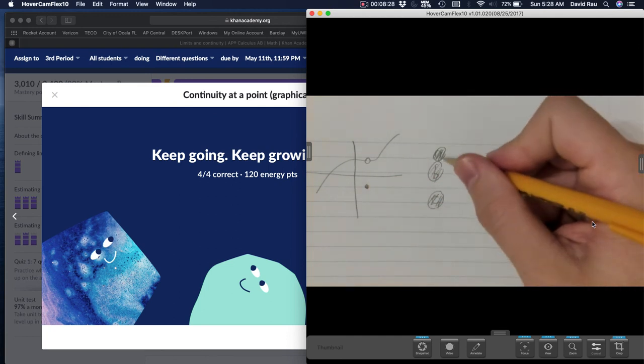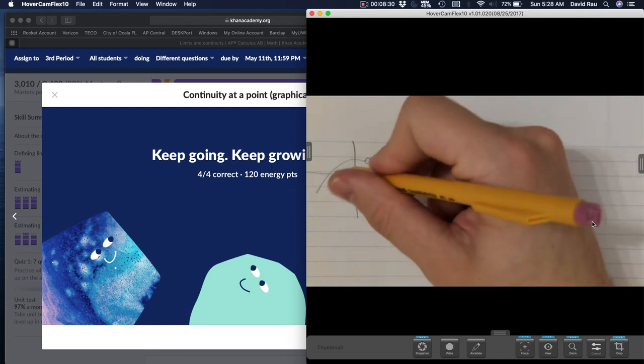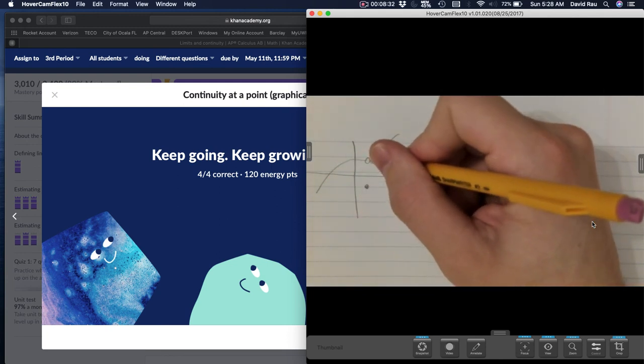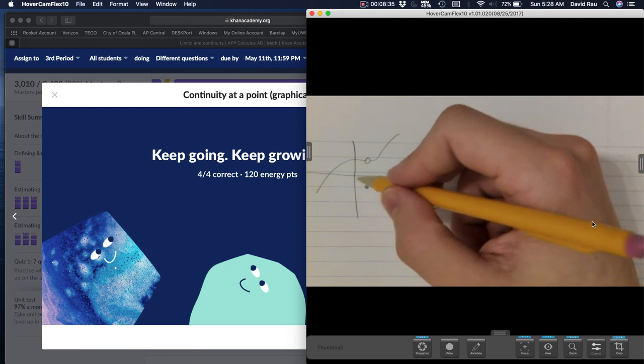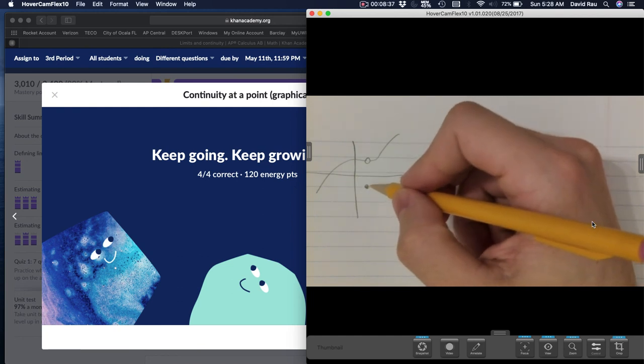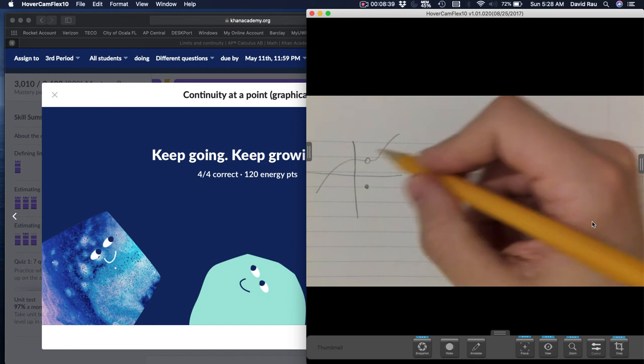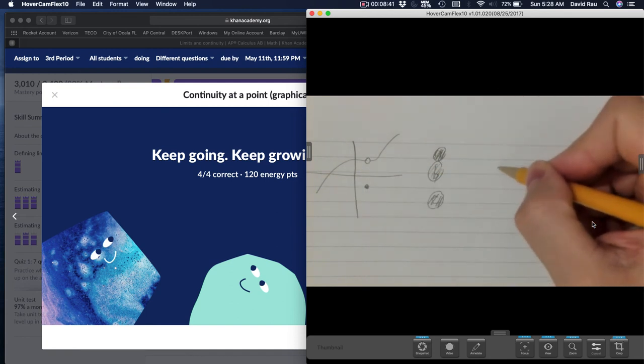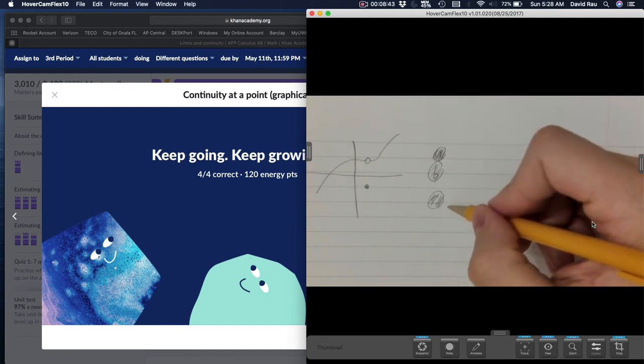However, the answers for A and B are approaching, I don't know, like 1.5 or 2 or whatever. And the answer for C, the function value, is -1. So A and B are going to a particular value. C is going to a different value.